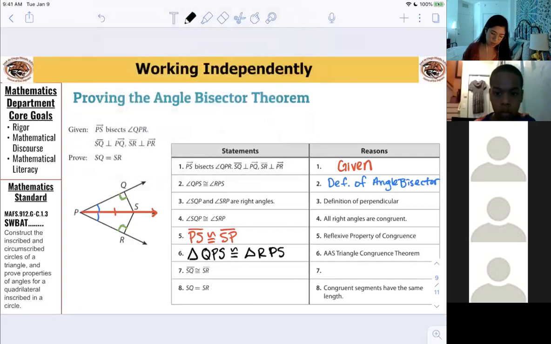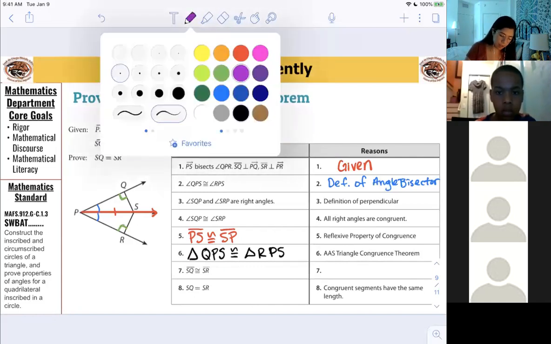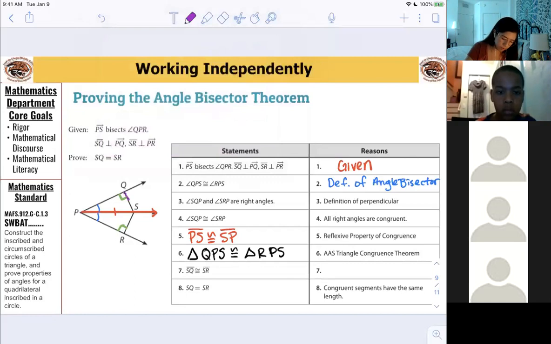Good job. Because I have AAS, I know the triangles are congruent. And since these triangles are congruent, now I can say that SQ is congruent to SR by CPCTC.